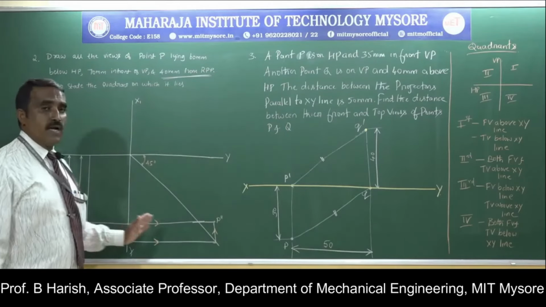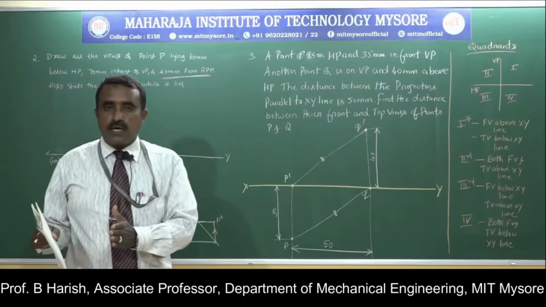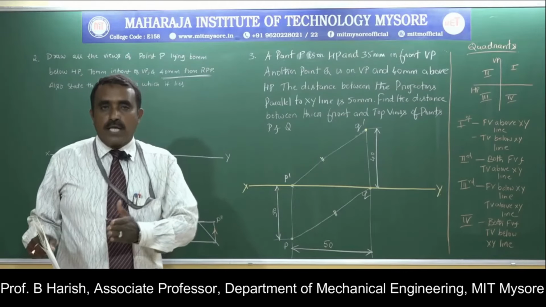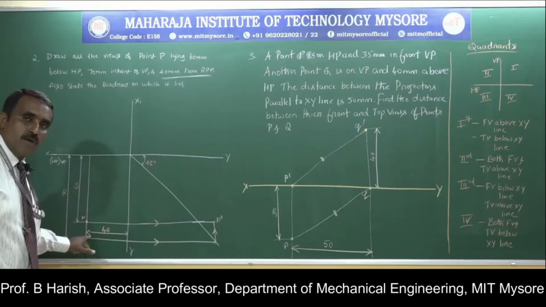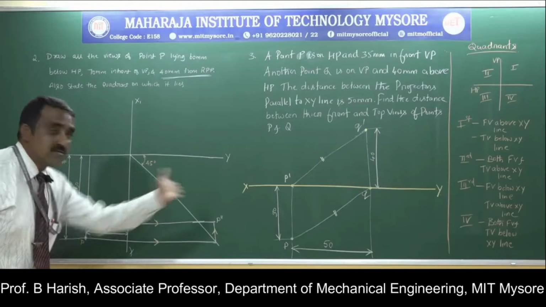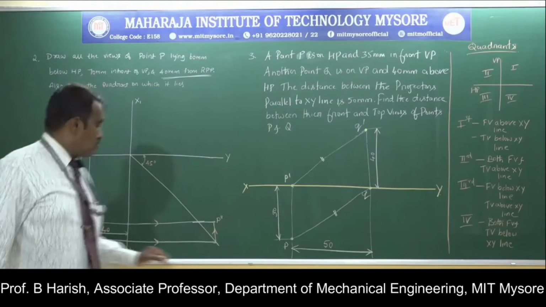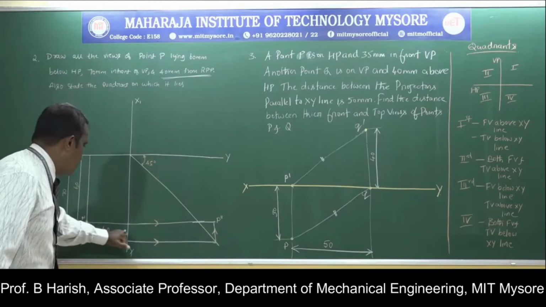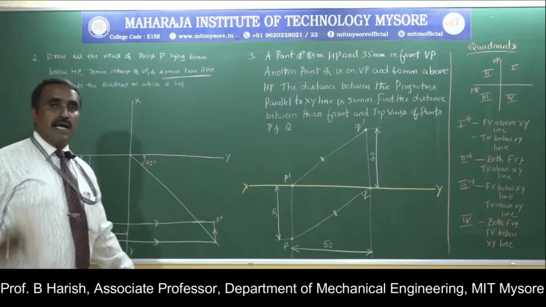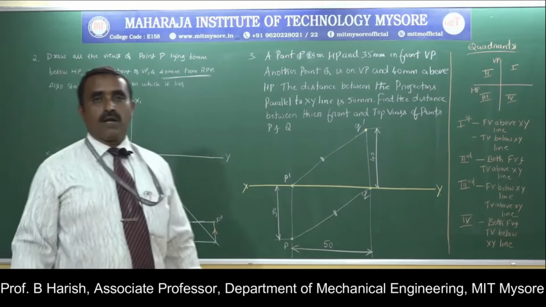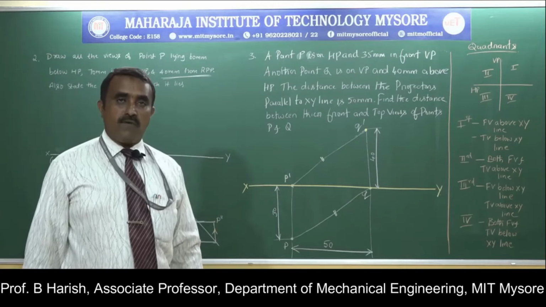From the projector already drawn, you move a distance of 40 mm towards the right. From here measure a distance of 40 mm and draw the X1 Y1 line as I showed, that is the intersection of the vertical plane and your profile plane.